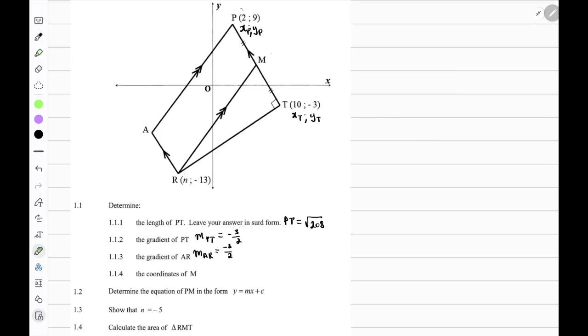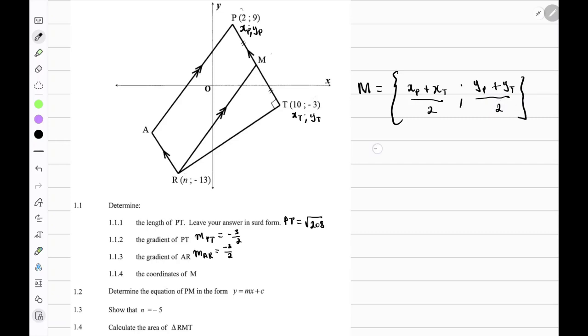The next question wants us to find the coordinates of M. As we've said earlier on, M is the midpoint of the line PMT. So we can apply the midpoint formula. M is equal to XP plus XT over 2, YP plus YT over 2.